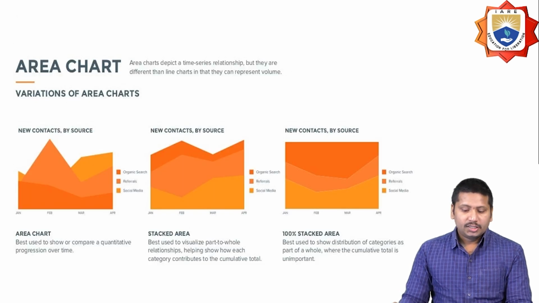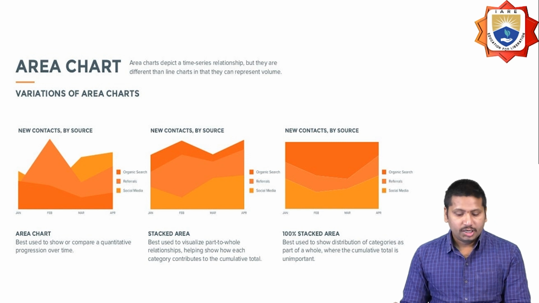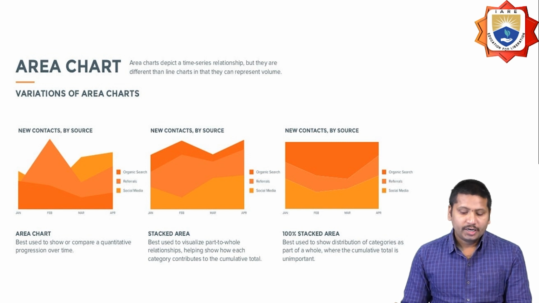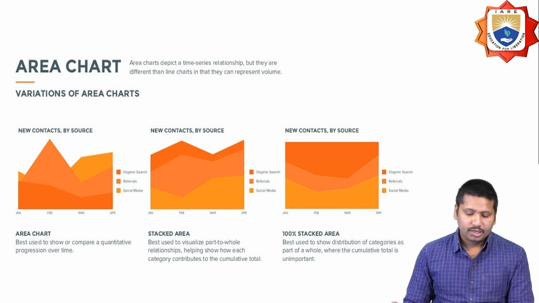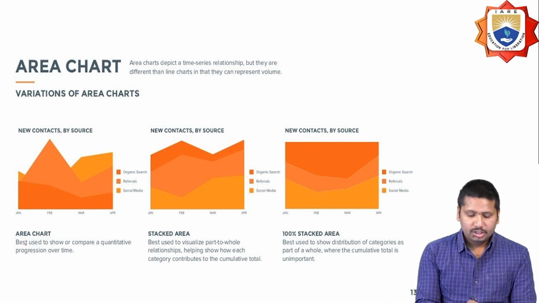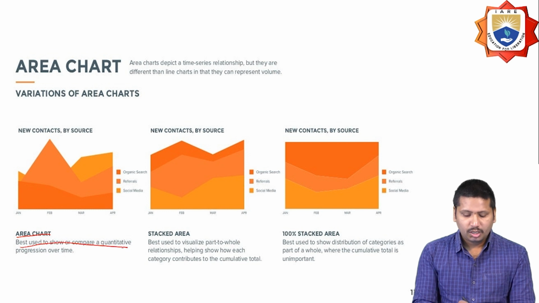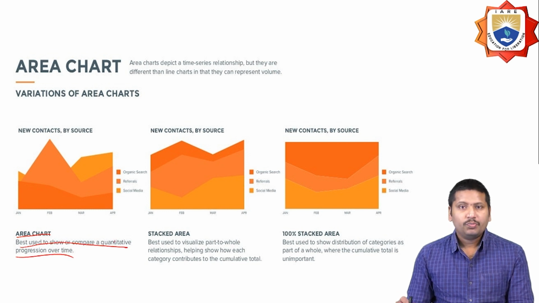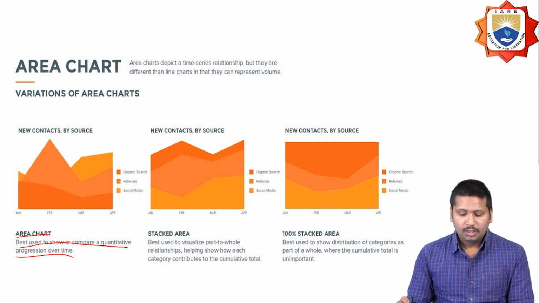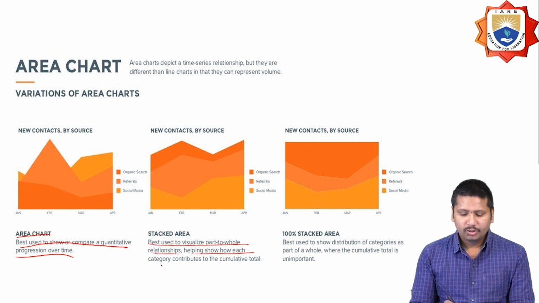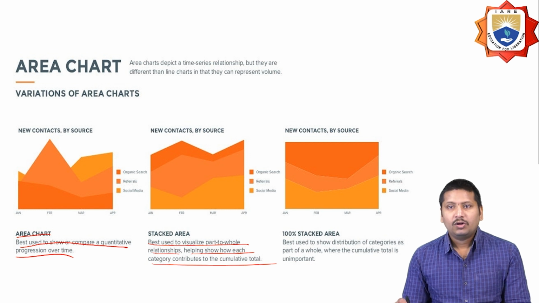Next, the area chart, which has other variations, such as new contacts by source, that I want to show. What does an area chart mean? An area chart is best used to compare quantitative progress over time, and best visualizes part-to-whole relationships, helping to show the different category contributions to the cumulative total.